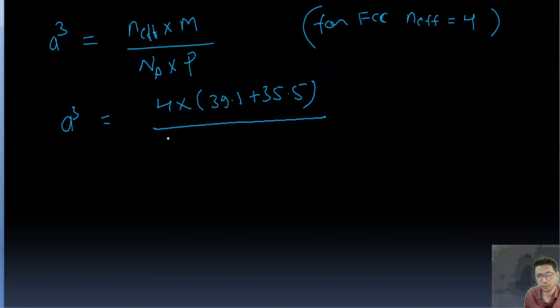And this value we know, that is 6.023 into 10 to the power 23, and the density we have been given, that is 1.98.